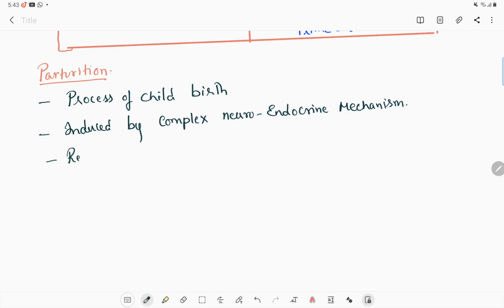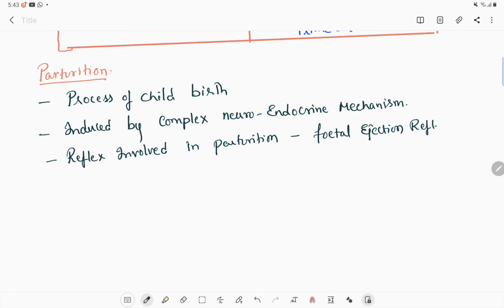Then the reflex involved in parturition is the fetal ejection reflex. All these are important questions.